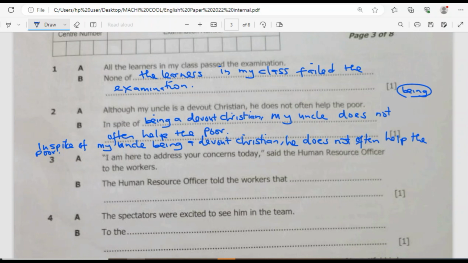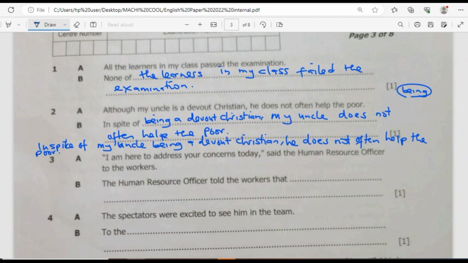Okay, so these two were supposed to be the answers. Number 3: "I am here to address your concerns today," said the human resource officer to the workers.